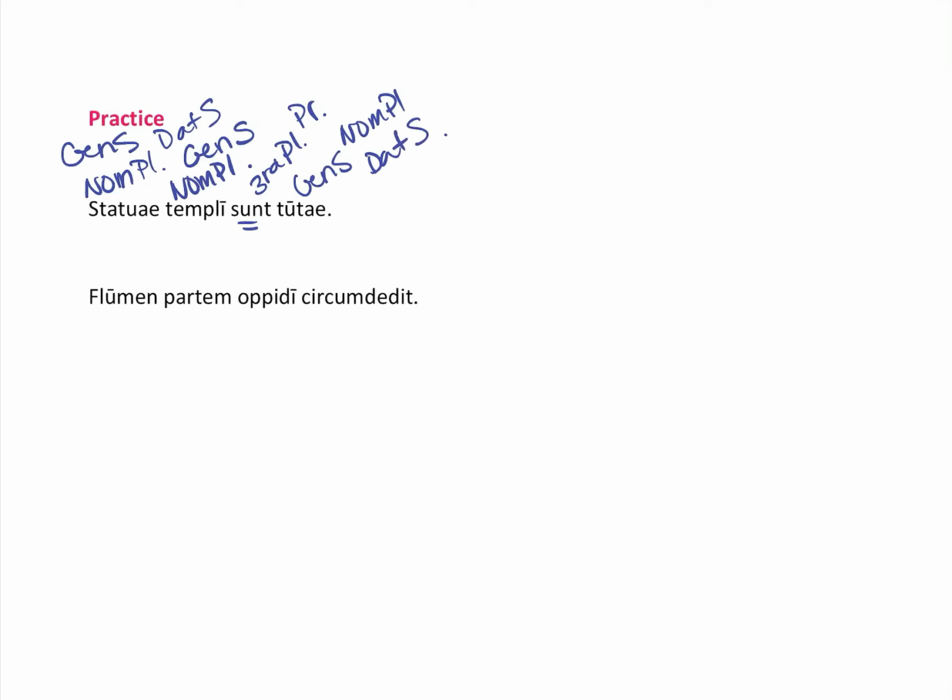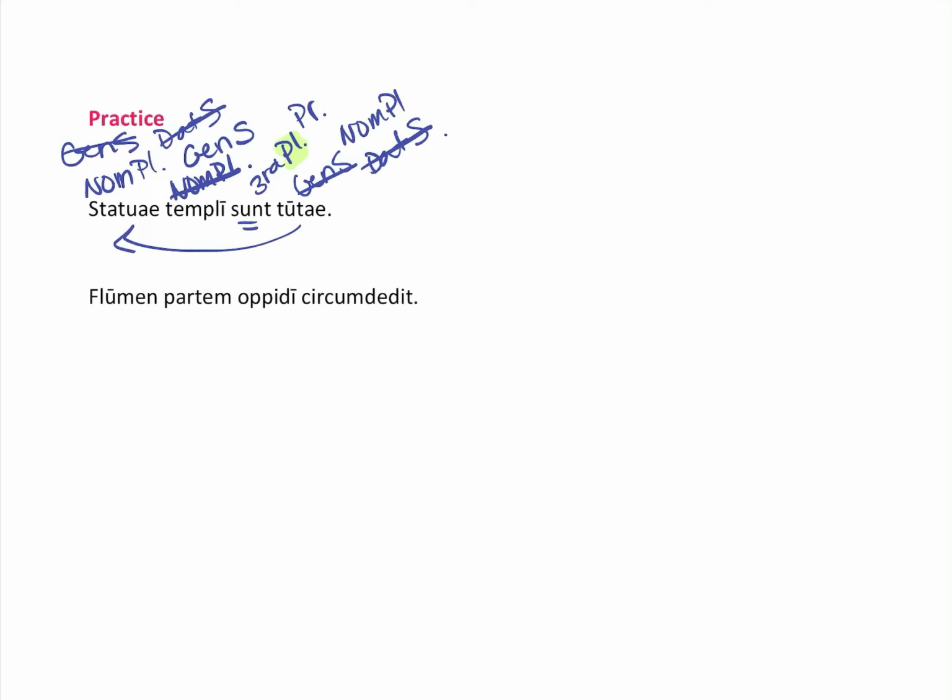However, we see here that it's plural. So the thing that's probably going to make sense is that we have a nominative plural, right? And it's got to match in gender, case, and number to what's after it, because tutae is an adjective, and the only word that matches in gender, case, and number is statuae. So it makes most sense that this is the nominative plural and templi is the genitive singular.